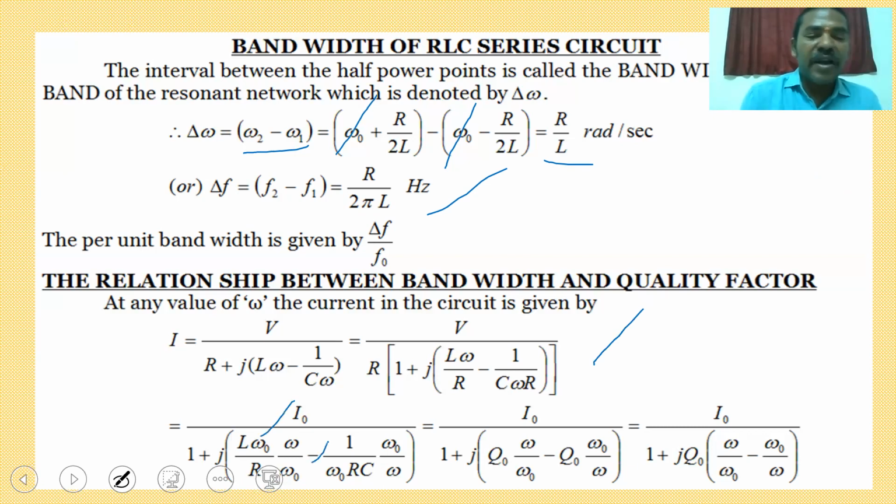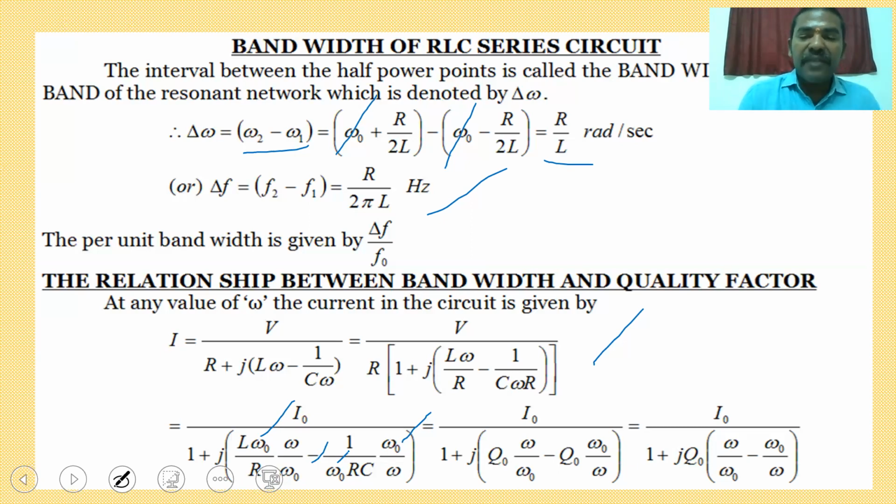Similarly for 1 by C omega R, I am multiplying and dividing by omega naught. So that is equal to I naught divided by 1 plus j times of Q naught, where Q naught is L omega naught by R, into omega by omega naught minus omega naught by omega.